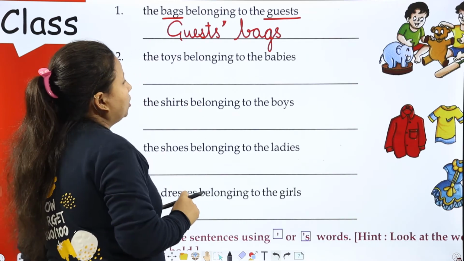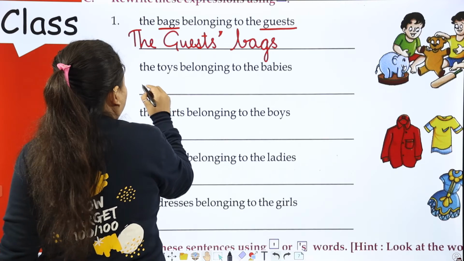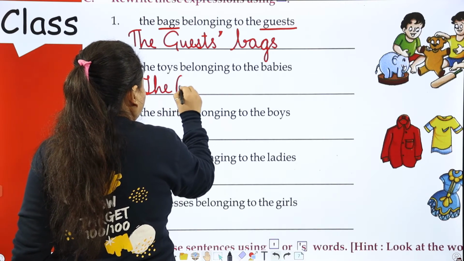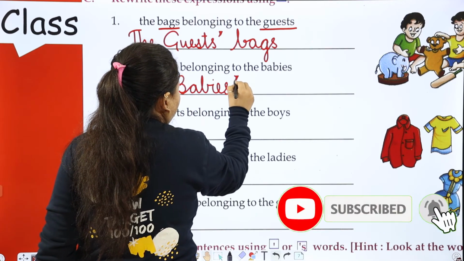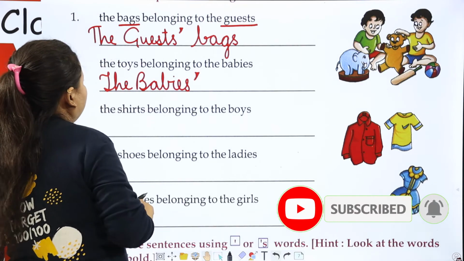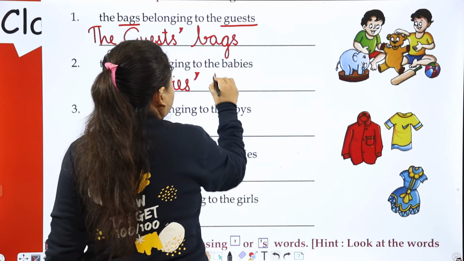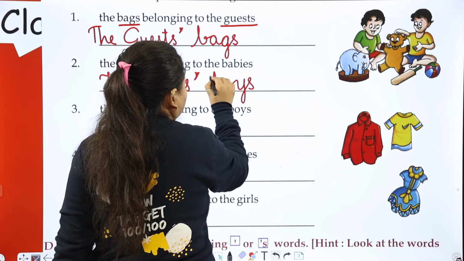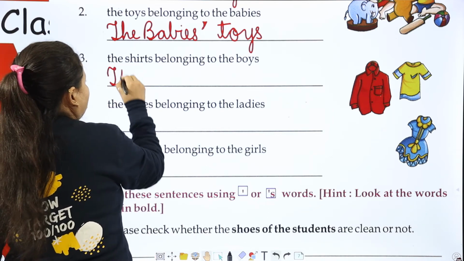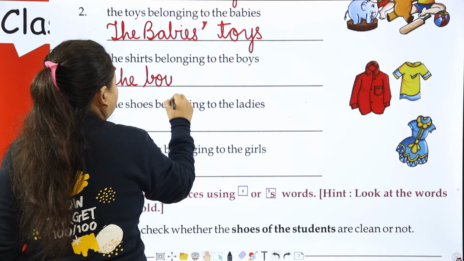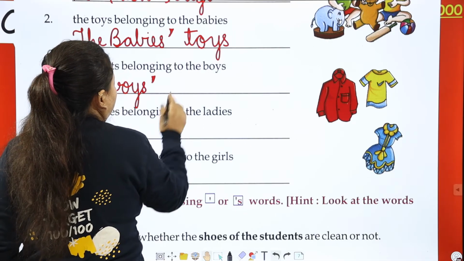The toys belonging to the babies, so the babies' toys. We will not use S, only an apostrophe. The shirts belonging to the boys, so the boys' shirts.